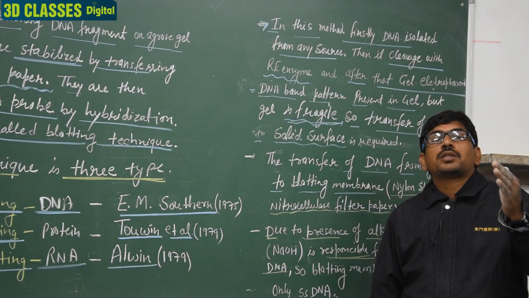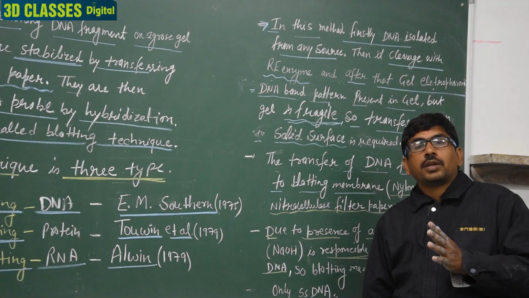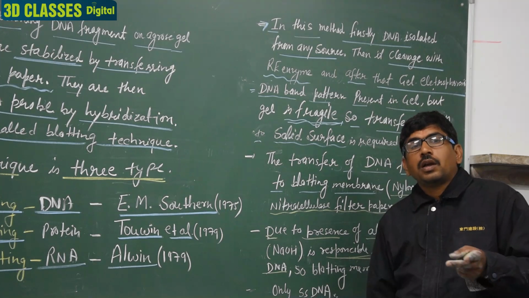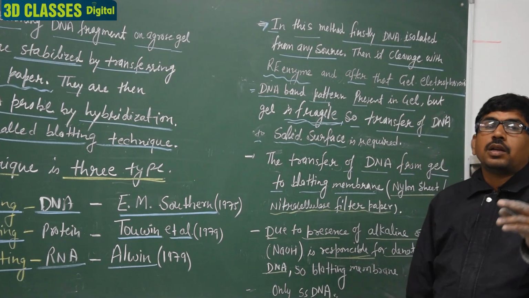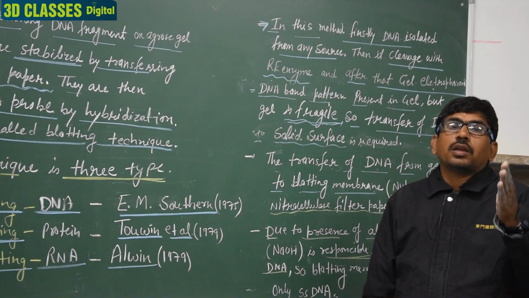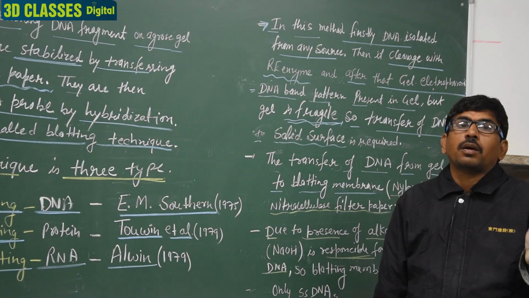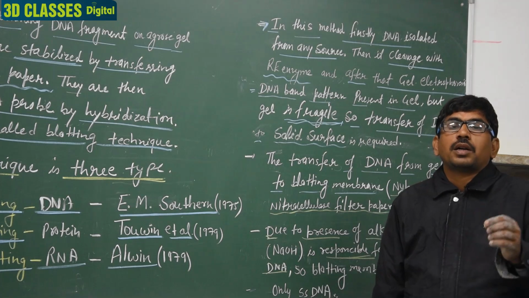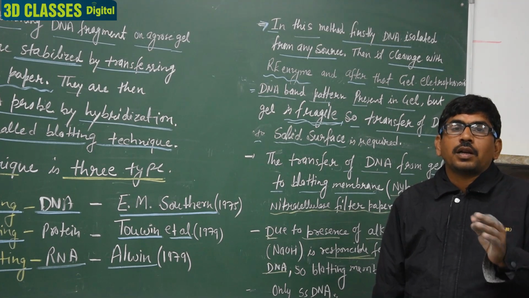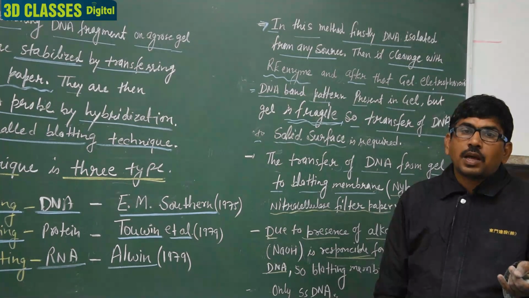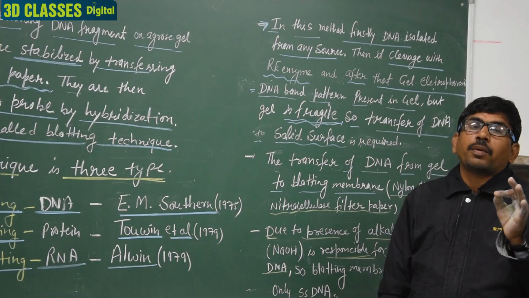So dsDNA is converted to ssDNA, and due to this the gel contains dsDNA but the nylon sheet, the floating membrane, contains only ssDNA. This is the difference between the gel DNA and the floating membrane DNA.